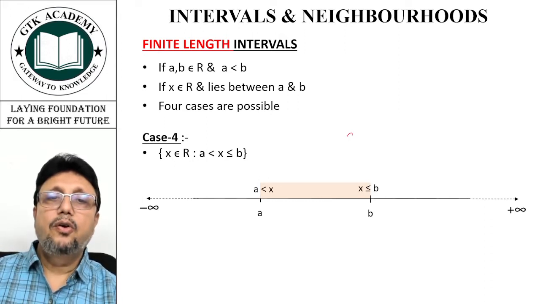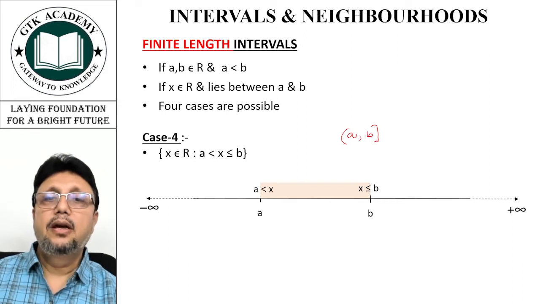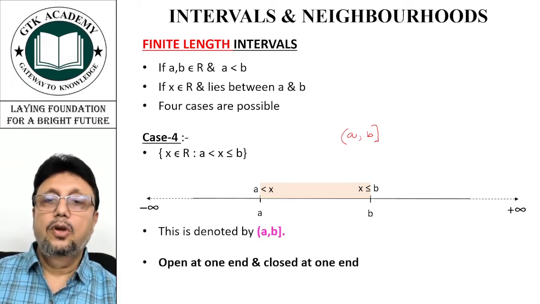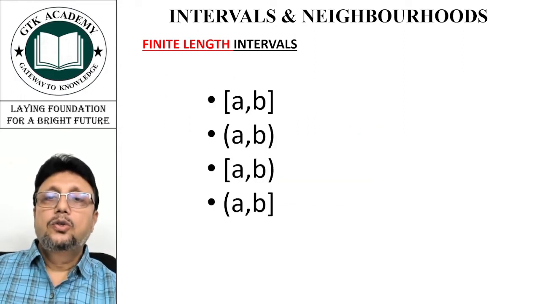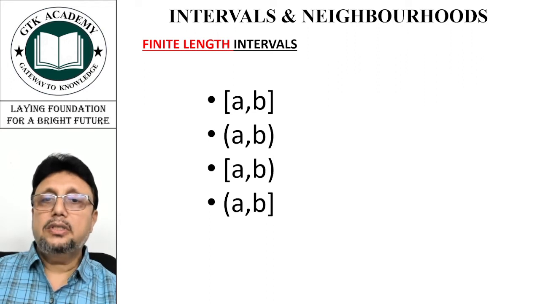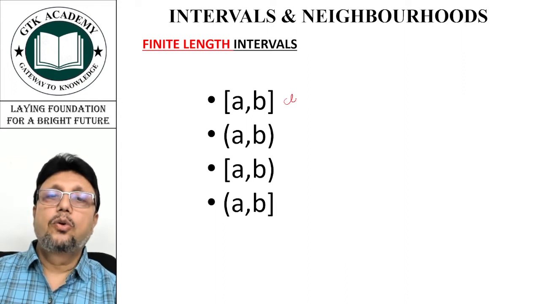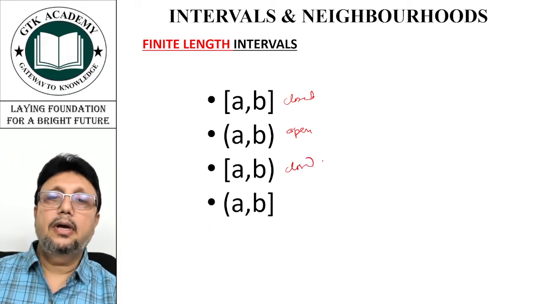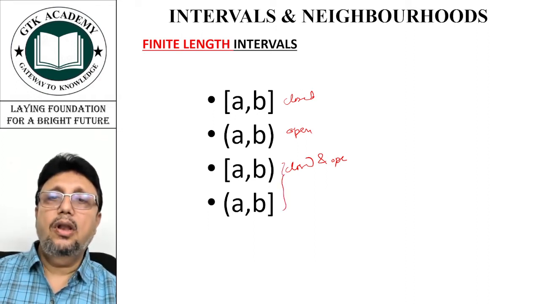That means we will write it like this: on the left it will be open, but on the right it will be closed. So it is open at one end and closed at the other end. So we have discussed these four types of finite length intervals. This is closed, this is open, and these are closed at one end and open at the other end.